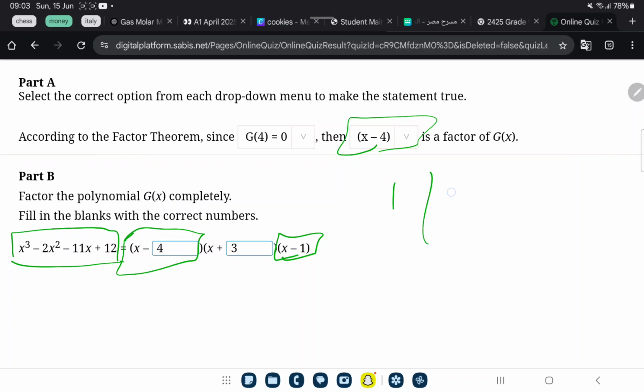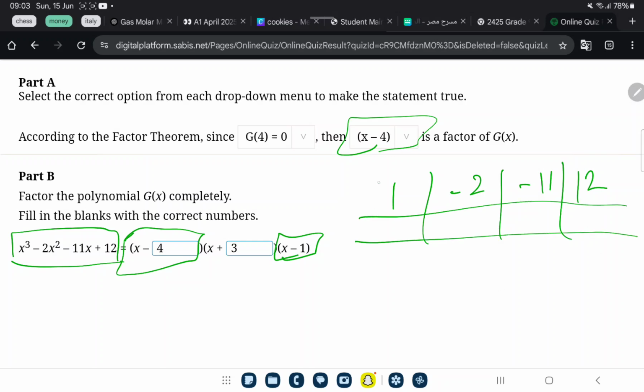So 1, minus 2, minus 11 and 12, and it's divided by 4. Divide by the root, not the whole thing, divide by the root only. Drop the 1, multiply it by 4 and then move it.